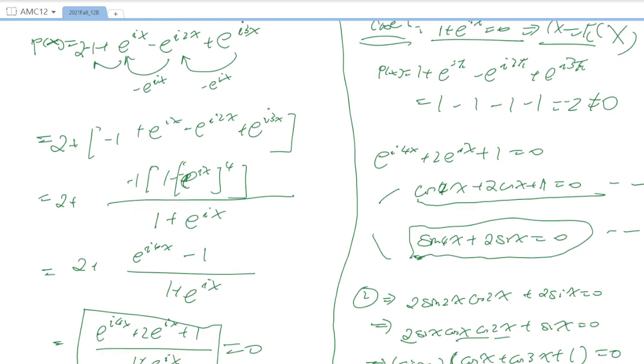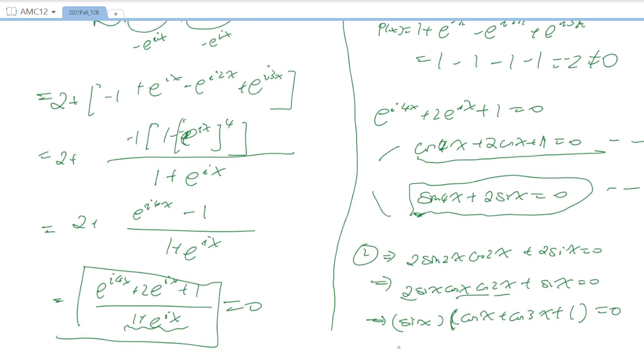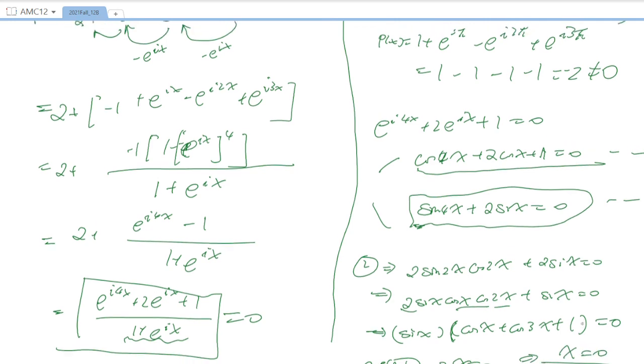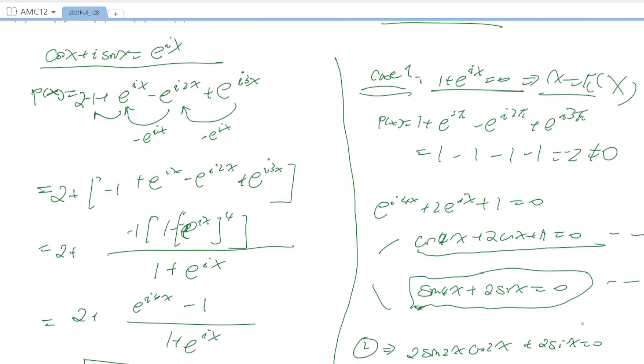So now we can have another casework. The small case, case 2.1, is sine x equals 0. So x will equal 0, because x equals pi doesn't work.